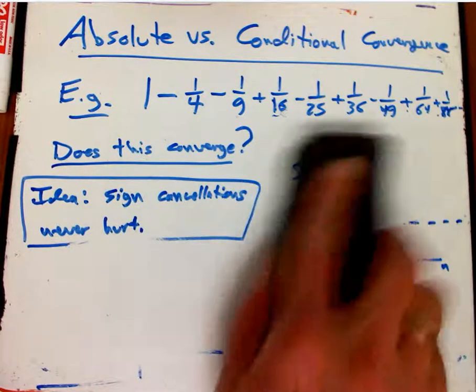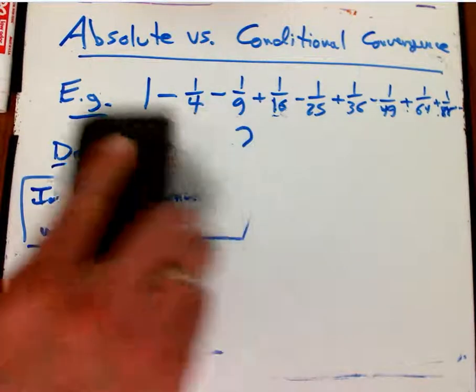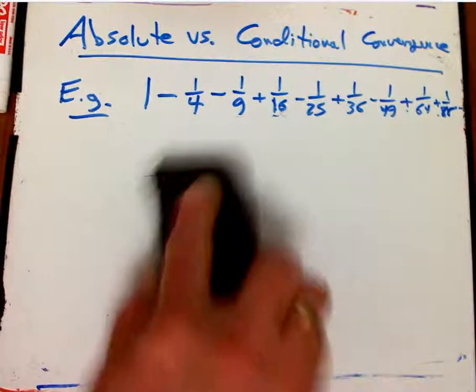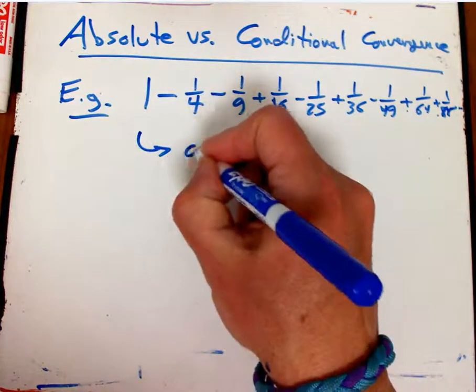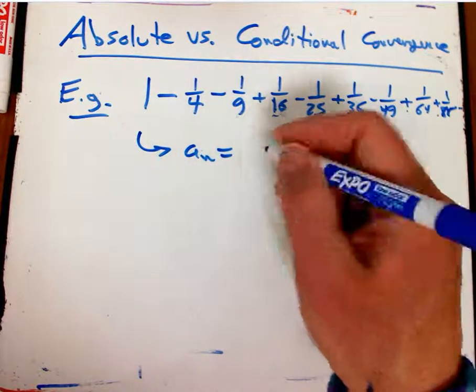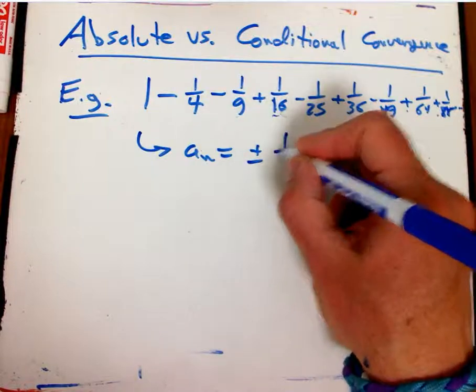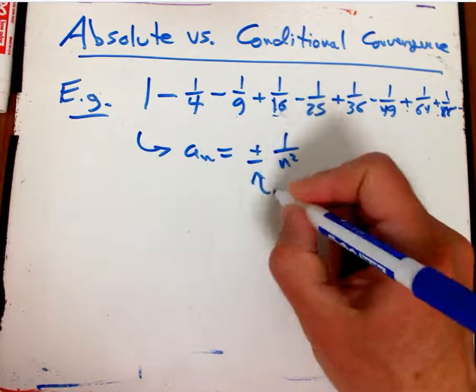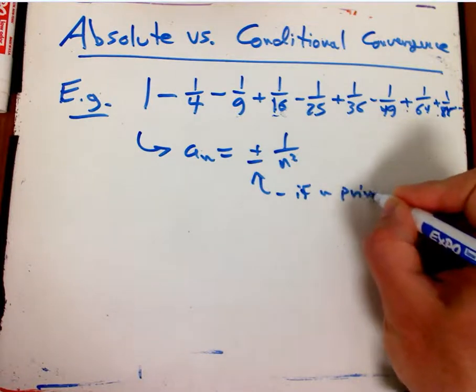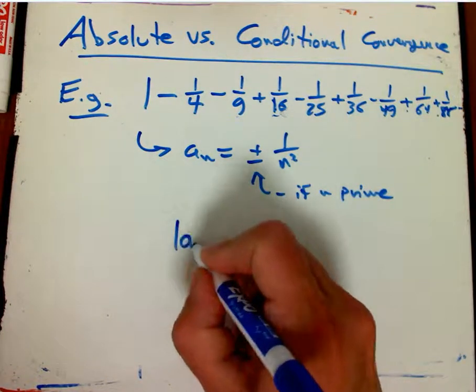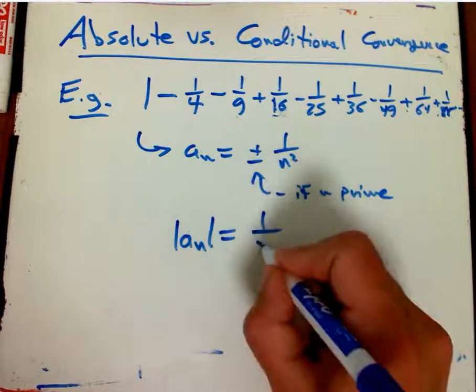And here's the terminology for this. So here, a sub n was plus or minus 1 over n squared, and that was minus if n is prime. Well, the absolute value of the terms is just 1 over n squared.